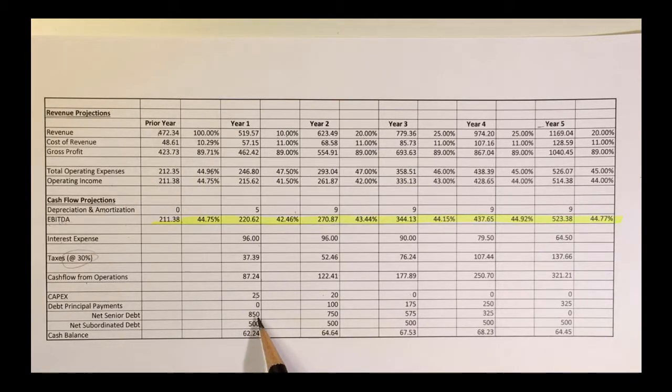They have $850 million of bank debt and $500 million of sub debt, but they're not going to pay any of that off the first year, we're assuming, in this model. And so they'll end up with $62 million of cash balance at the end of the day, right?